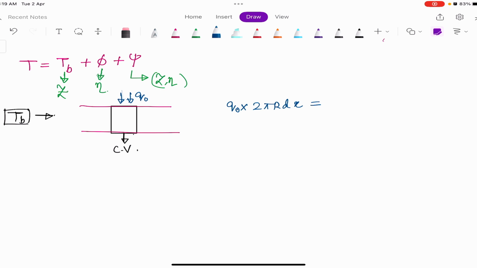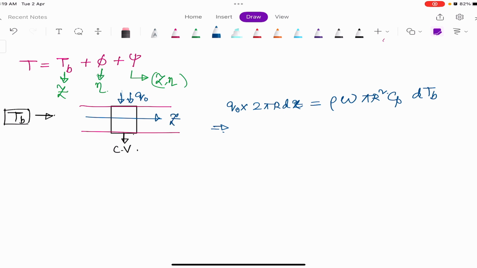That is m dot, that is rho, velocity w, rho w into area, pi r square, that is the mass flow rate, into Cp into dTb, that is the bulk mean temperature. And this was not x, this was the z coordinate.